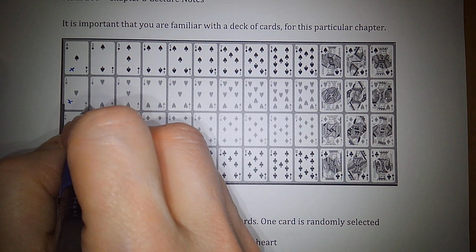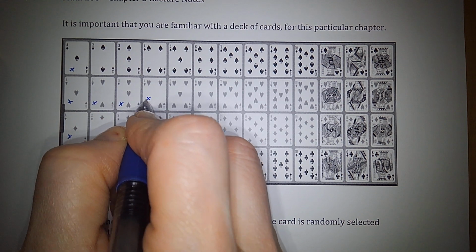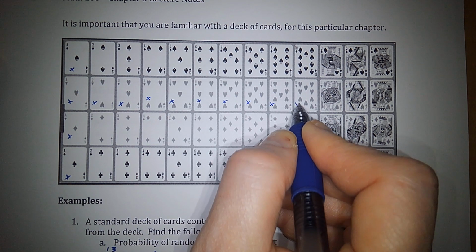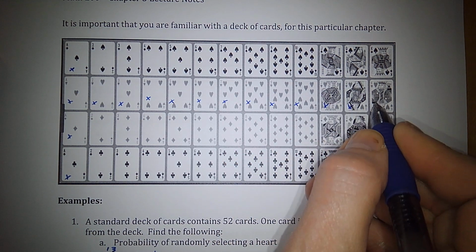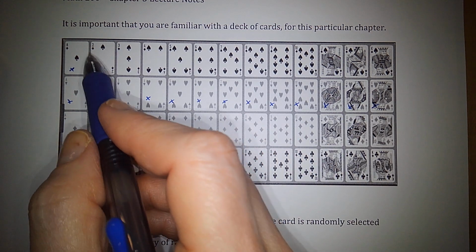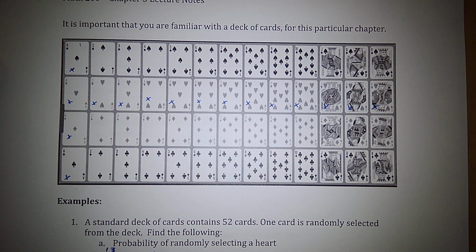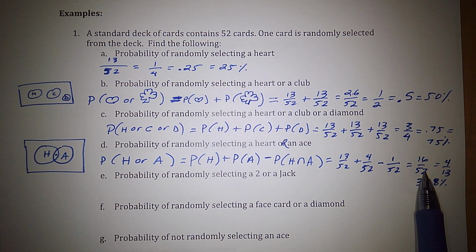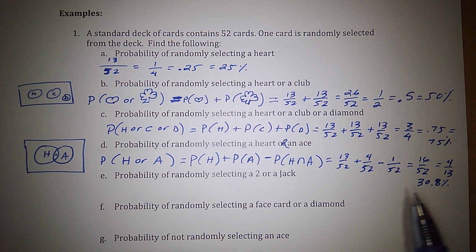So that's 4, 5, 6, 7, 8, 9, 10, 11, 12, 13, 14, 15, 16. There's 16 hearts or aces in the deck. And look what we have right here. There were 16 hearts or aces out of the deck. So some people that are more visual, if you don't like the formula way, you can simply count the cards.